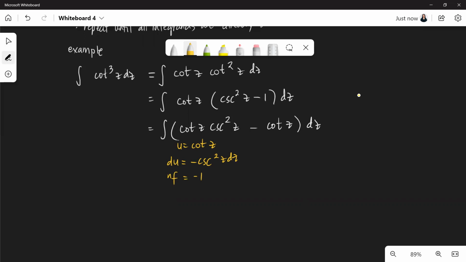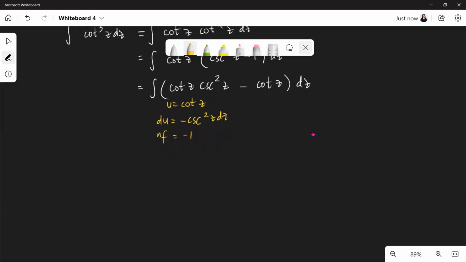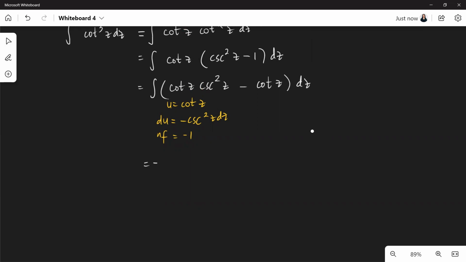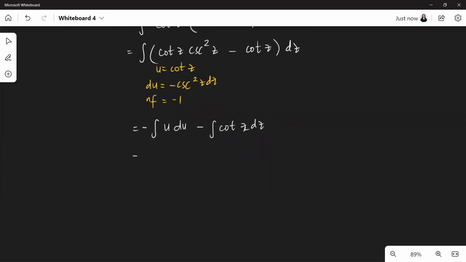And then for this second term, just integrate. So we have negative, and this is now in the form u du. Let me write it down. Cotangent z is the u, and the cosecant squared will be part of the du. So it's u du. And then the second term, let me write without integrating yet, using our formulas.